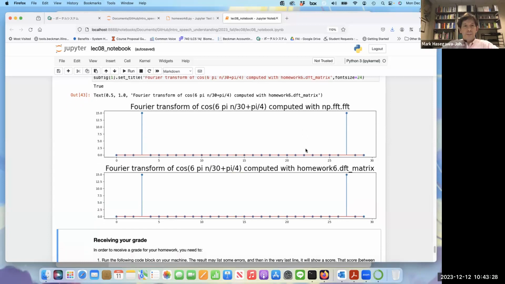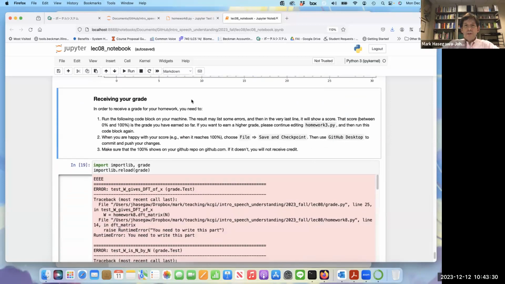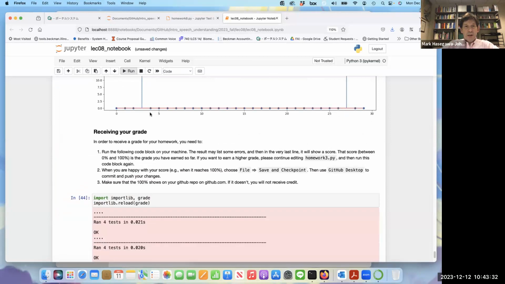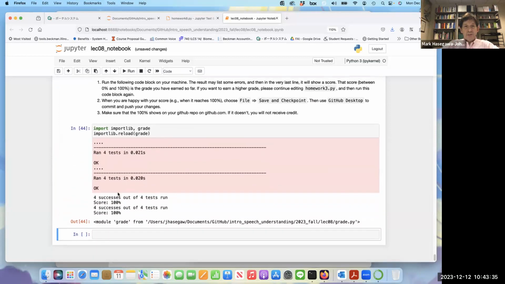Okay, thank you. If you want to check your grade, you can do it using grade.py, and you should get a result that looks like this, 100%, 100%. And then if you want me to know that you've done the homework, then you need to open GitHub Desktop.